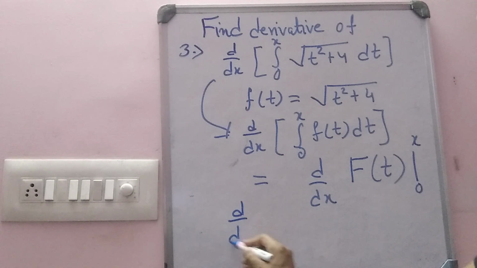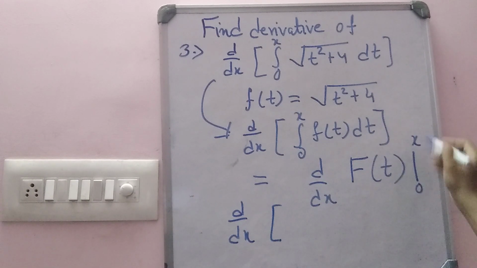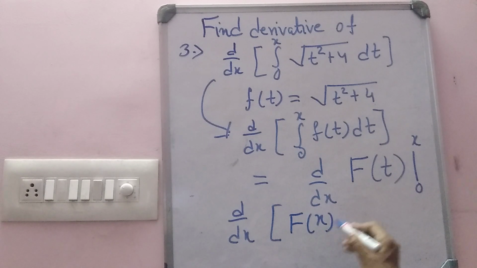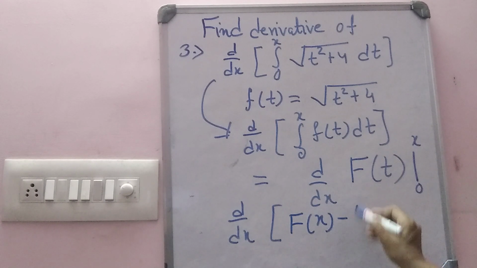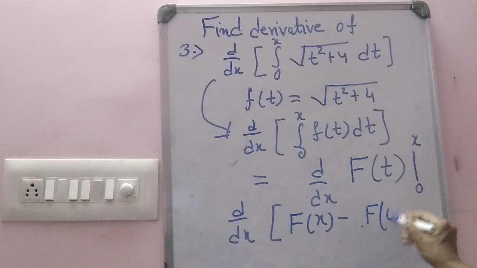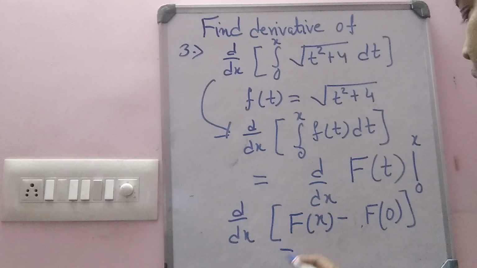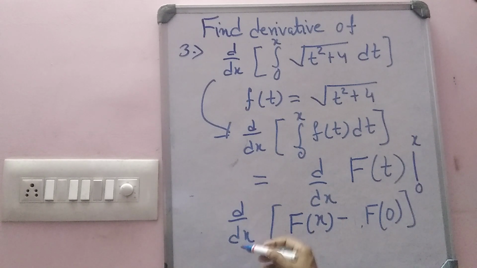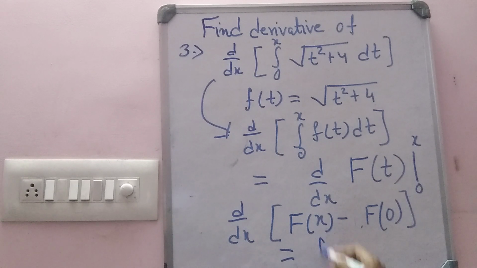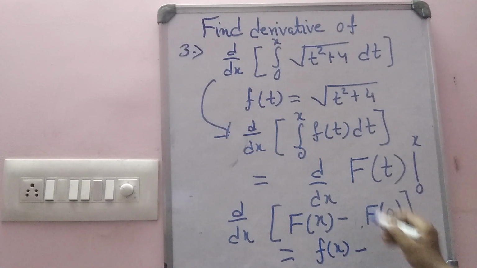So it becomes d by dx. Take your limits: the upper limit is x, so F of t becomes F of x, minus the lower limit is 0, so F of t becomes F of 0. Now you can write the derivative d by dx of capital F of x minus F of 0, which gives small f of x minus the derivative of F of 0.